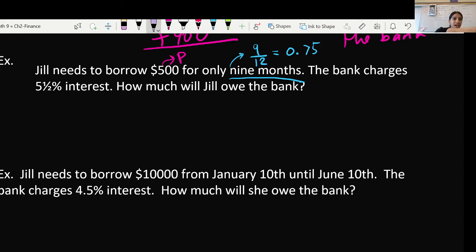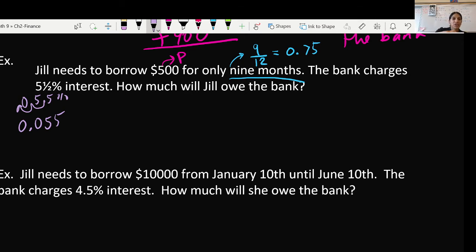The 5.5% interest would be like saying 5.5%. We would move this over 2 spots in order to change it to a decimal. So do you see that it would be 0.055 when we're talking about the interest rate? We move it over 2 spots.